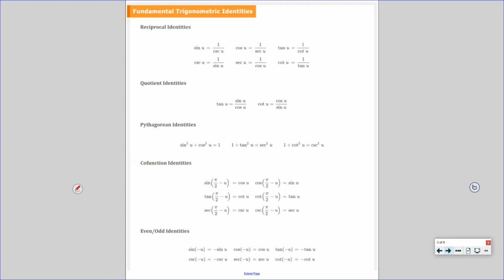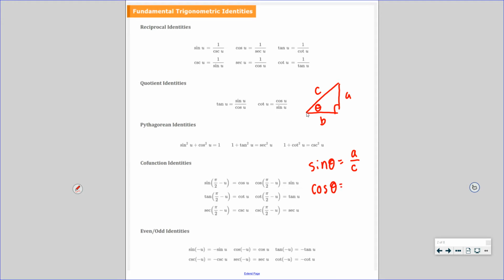Quotient identities. Again, we know from the unit circle that tangent is the same as y over x. And if y is sine and x is cosine, you could also say tangent is the same as sine over cosine. And that would work in any right triangle application. You don't have to write this down, but sine would be a over c.